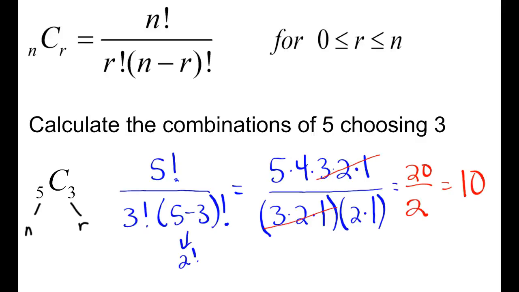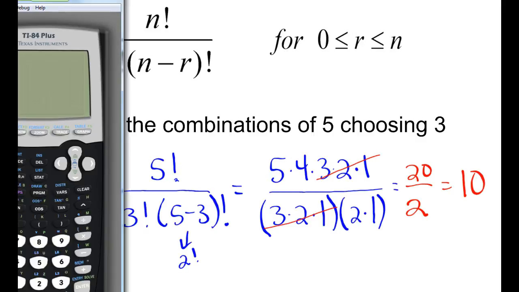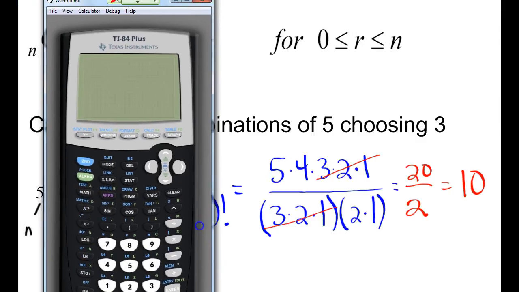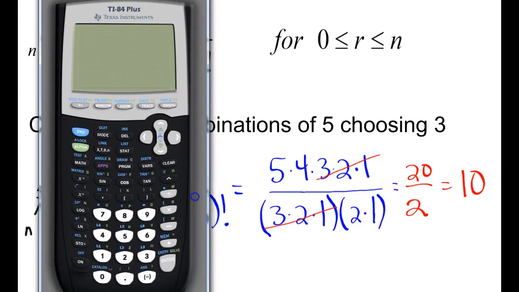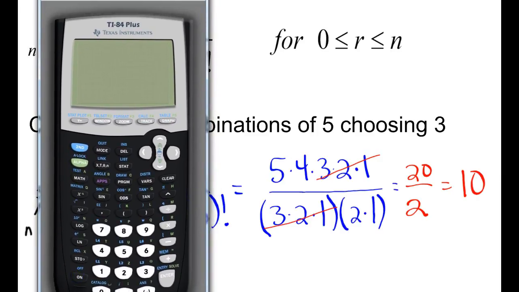Okay, you can confirm that using your calculator. I'm going to pull up our calculator. This is how we use it in the 84. Turn this on, and I'm going to show you where it is first. It's under your math button. You arrow over to probability, PRB, and if you notice, choice 2 is nPr.